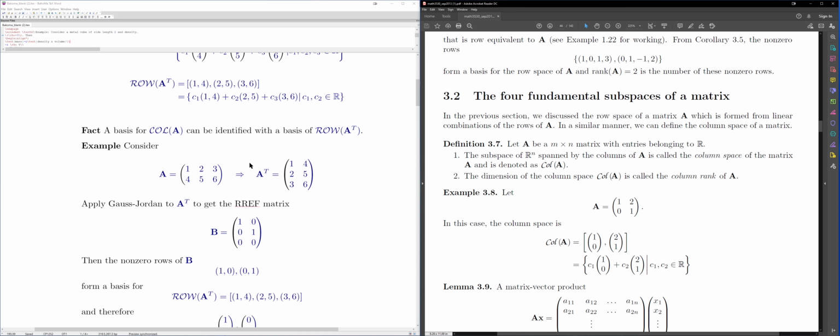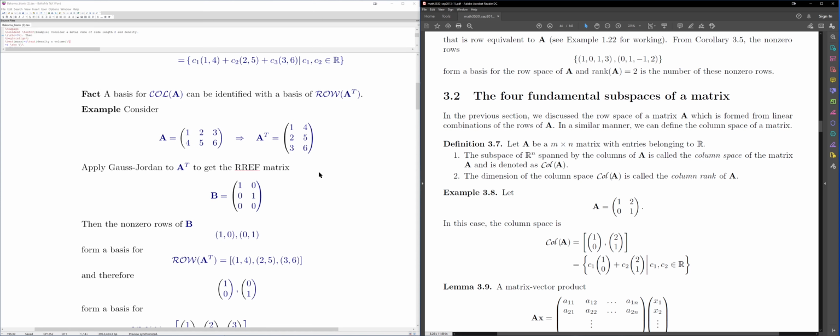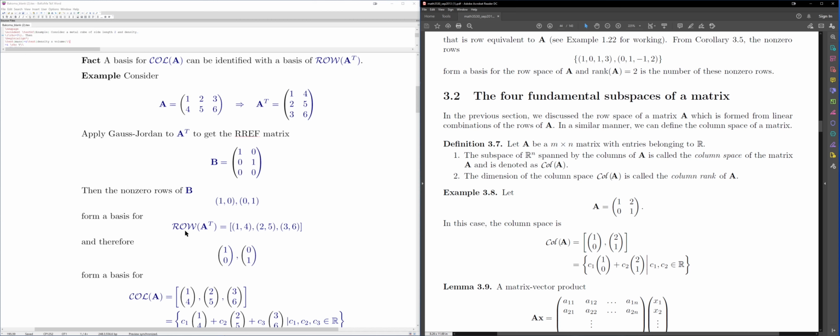You just have a matrix that happened to be called A transpose, and to get a basis for its row space, you apply Gauss Jordan and take the non-zero rows of the result in RREF. That's going to form a basis for the row space of A transpose, which is written down here.